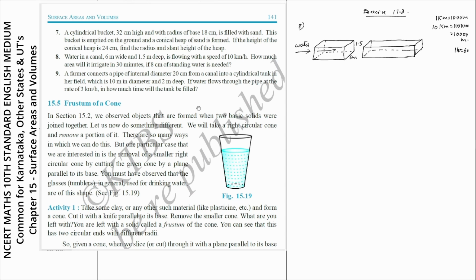So continuously for 1 hour water is flowing, that means the water flows 10,000 meters, that much distance the water will flow.